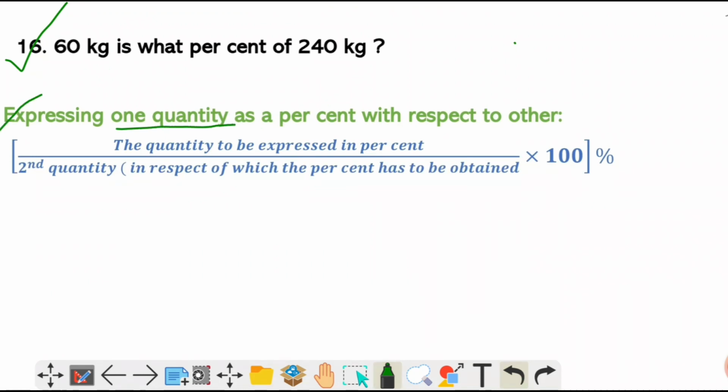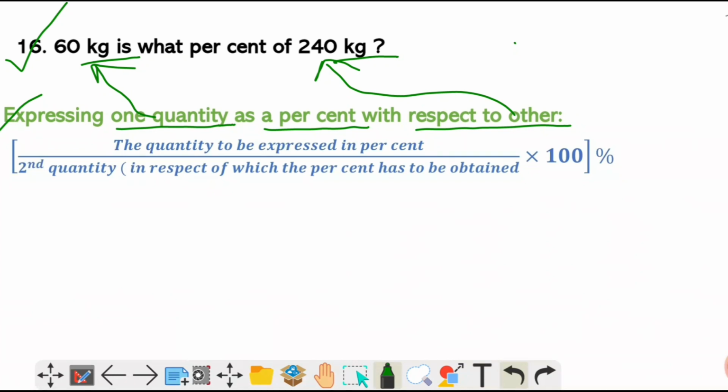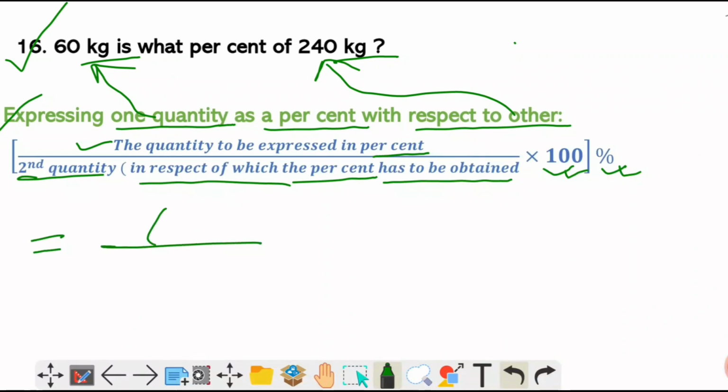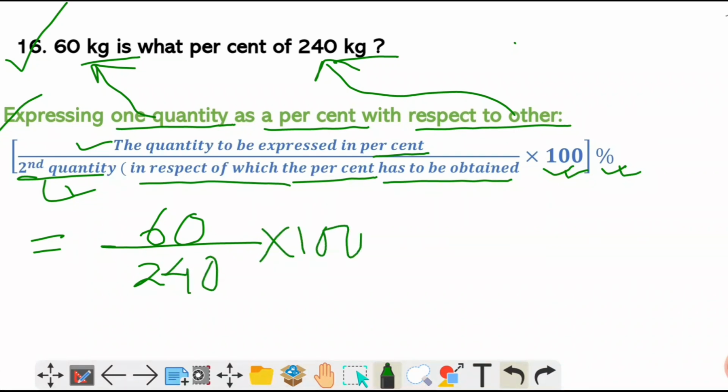Here we will apply the formula for expressing one quantity as a percent with respect to the other: the quantity to be expressed in percent divided by the second quantity, into 100%. Here the quantity to be expressed in percent is 60 kg and the second quantity is 240 kg. So we'll write 60 divided by 240 into 100%.